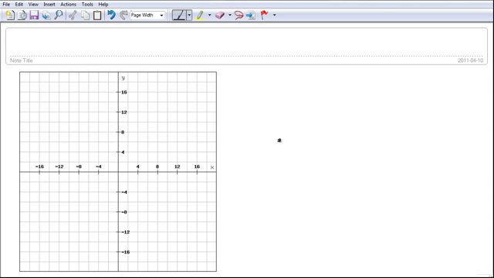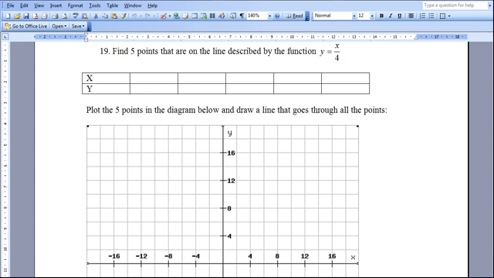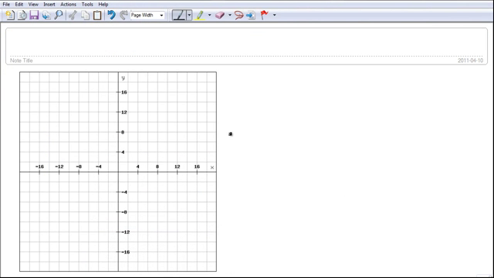So remember, the function is y equals x over 4. This means whatever x is, we put the x value up here and then divide it by 4, and then we get the y value.